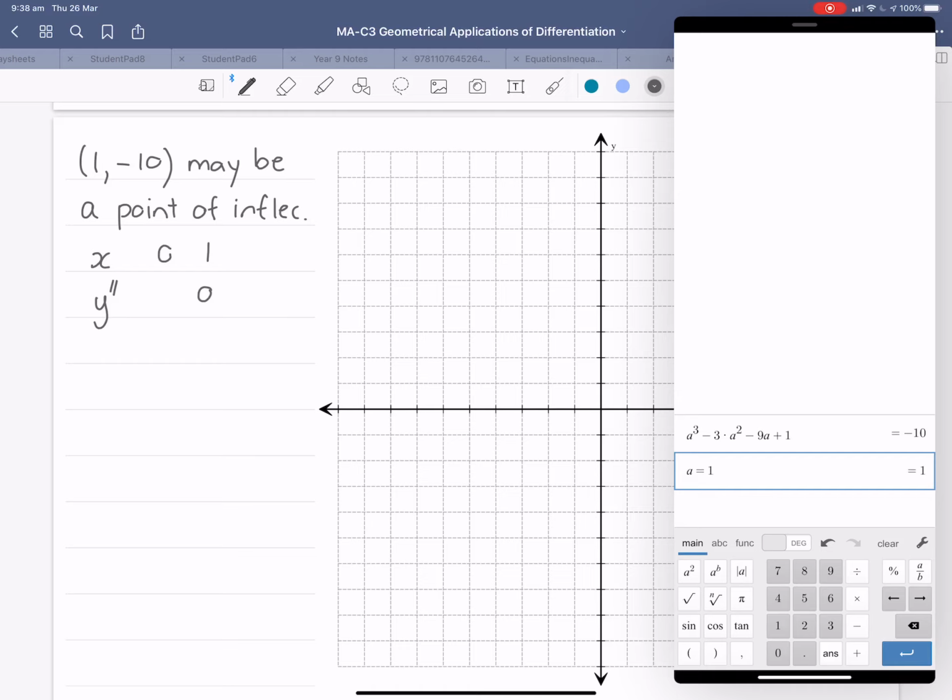Remember our second derivative is 6x minus 6. So when we substitute 0 in, it's negative. When we substitute 2 in, 6 times 2 is 12 minus 6, it is positive. Concavity changes, that means that we are dealing with a point of inflection.